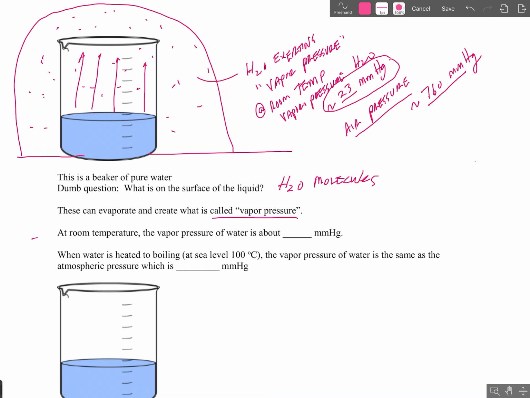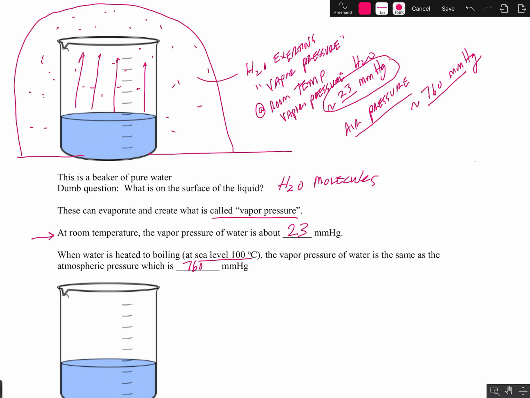So let's just fill that blank in here. At room temperature, the vapor pressure of water is about 23 millimeters of mercury. When water is heated to boiling, that's at sea level and 100 degrees Celsius, the vapor pressure of the water will end up being, as you recall the definition of boiling point, the same as the atmospheric pressure, which is 760 millimeters of mercury.